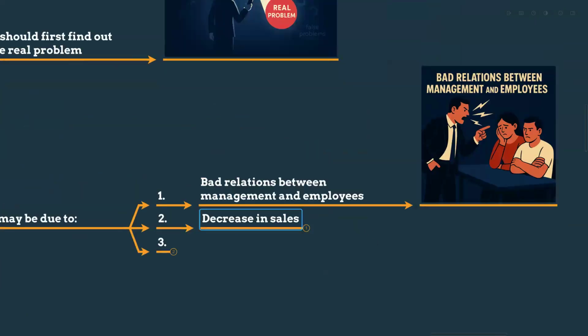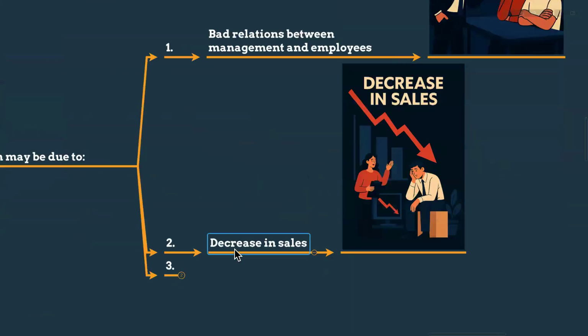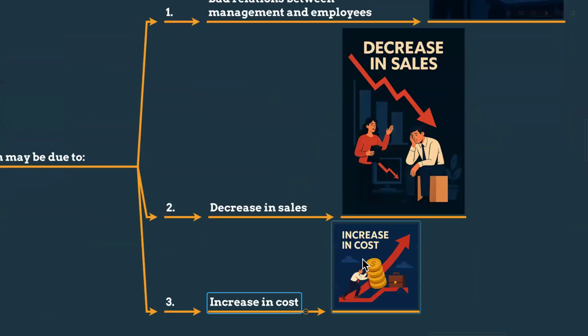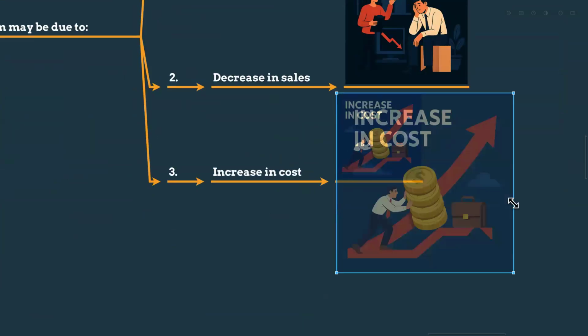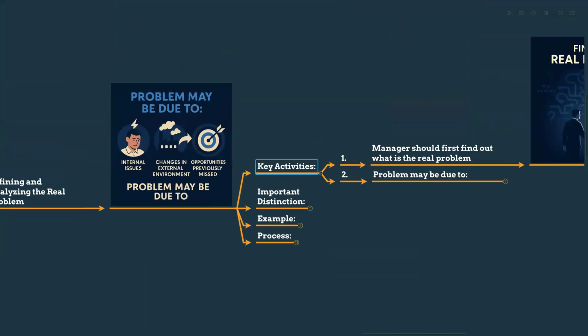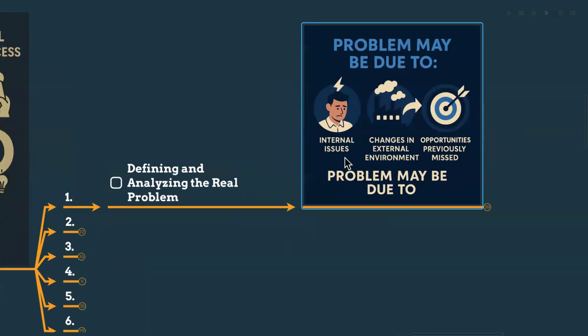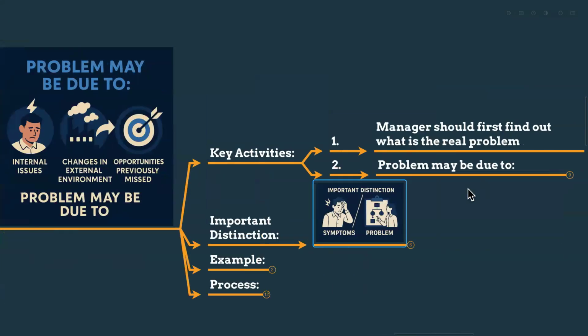So there can be several reasons. Sometimes the problem is decreasing sales, and it will increase the cost. So maybe the problems come from several reasons in your business. So first, you have to identify and define the real problem and its root causes.